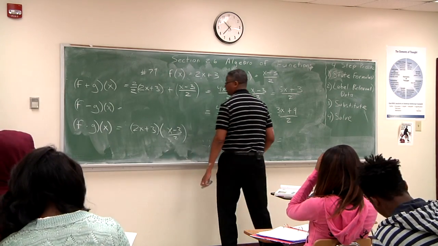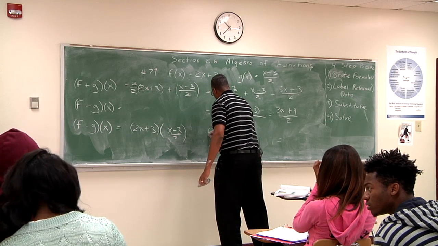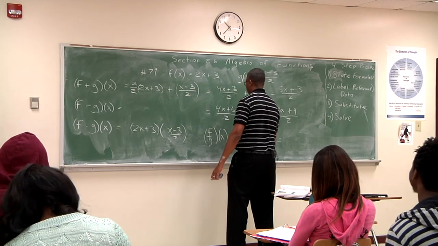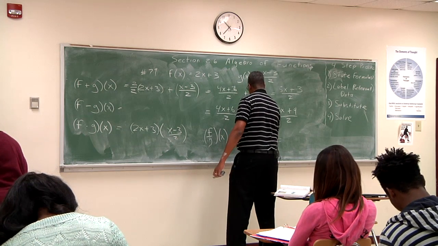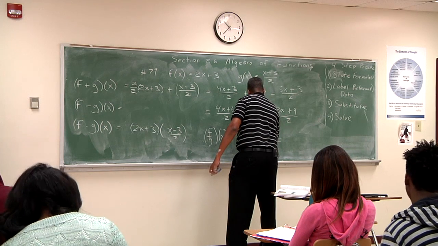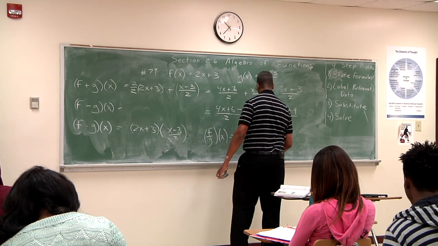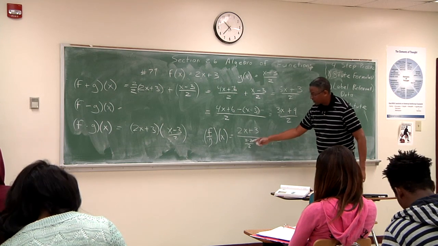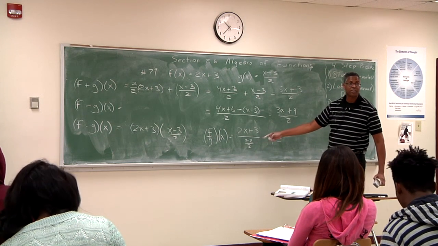So the quotient is just basically saying f over g of x equals (2x plus 3) over ((x minus 3) over 2). But the rule is when you divide by a fraction, that's the same thing as multiplying by the what? Begins with an r.